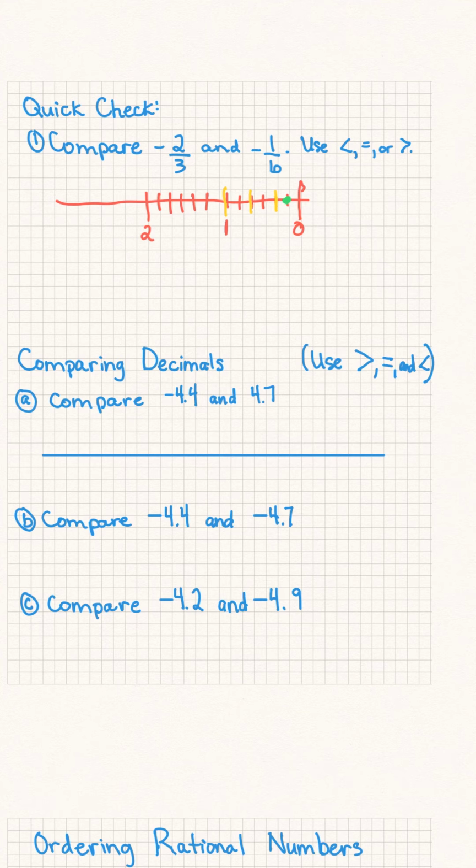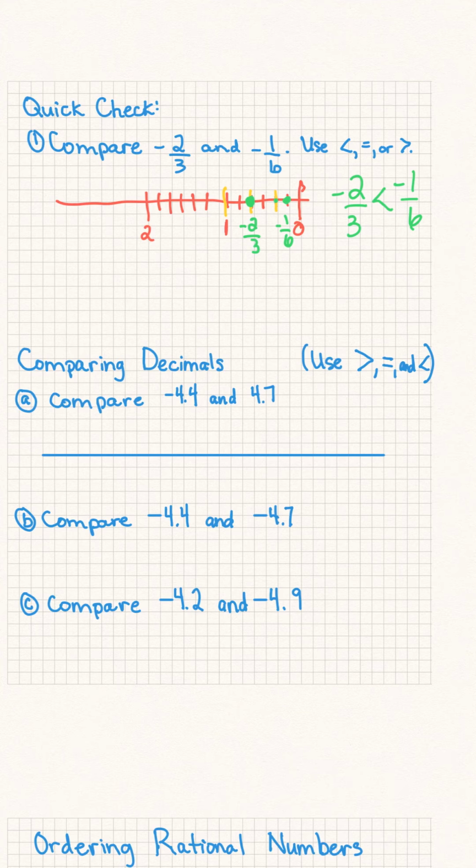That's 1 dot out of 6 dots to make it to the 1. So that's going to be negative 1/6. Negative 2 out of 3. Here's 1 out of 3. Here is 2 out of 3. This is going to be negative 2 out of 3. So therefore, negative 1/6 is closer to the 0, which means it's a bigger number. So negative 2/3 is less than negative 1/6.